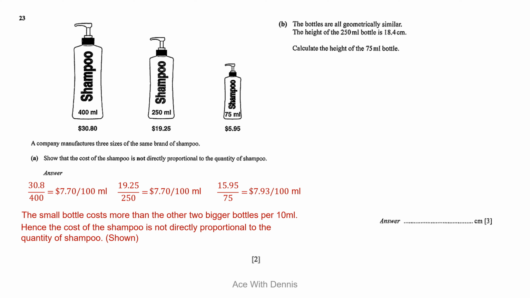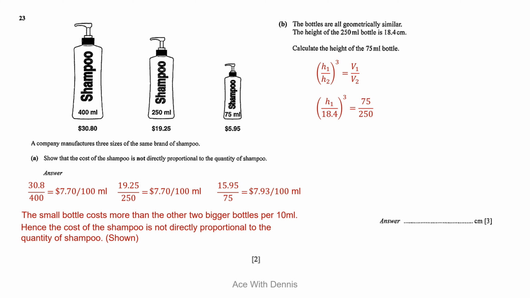3 marks. So since the bottles are geometrically similar, the ratio of the heights cubed equals the ratio of the volumes. Hence (h1 over h2) cubed equals v1 over v2. And we take h1 as the height of the 75 ml bottle.